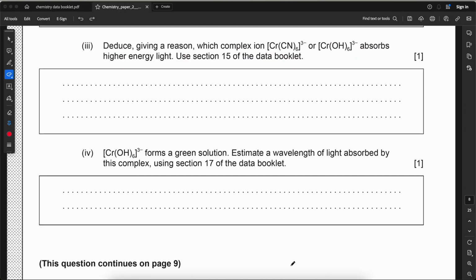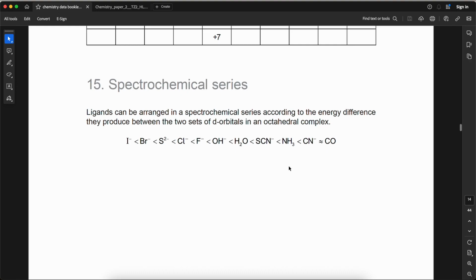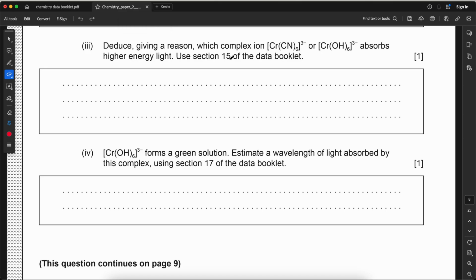Deduce, giving a reason, which complex ion, Cr(CN)6 3- or Cr(OH)6 3-, absorbs higher energy light. Use section 15. As you can see on the spectrochemical series, CN- is stronger compared to OH-. Therefore, which one will absorb higher energy light?